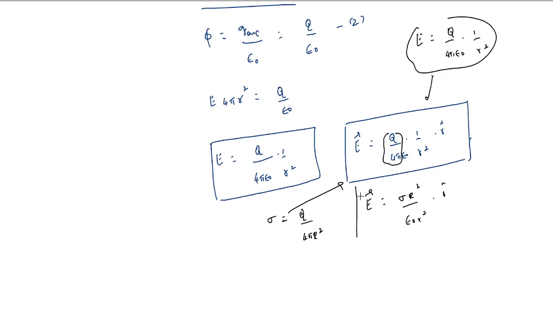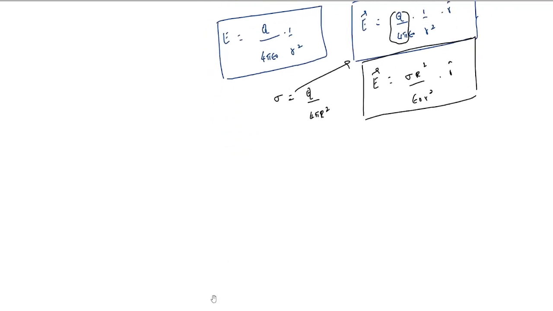So this is the form in terms of sigma. Take the second case where the point, when I say point, it means the point where we need to find the electric field, is on the shell.